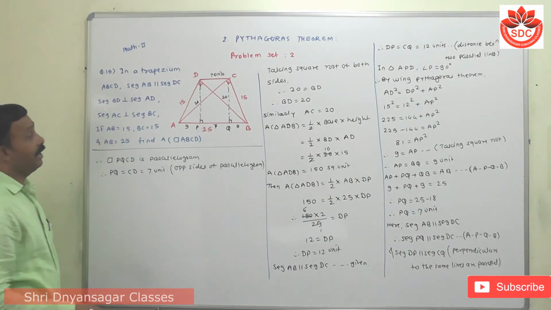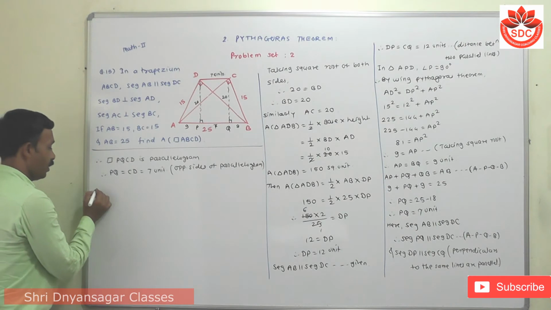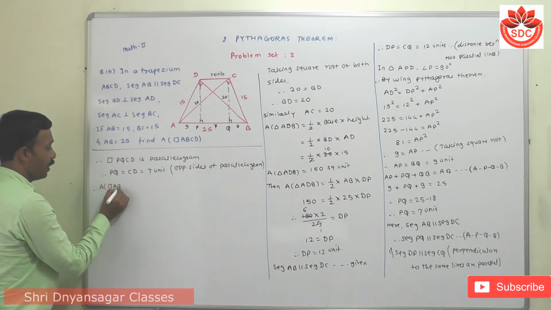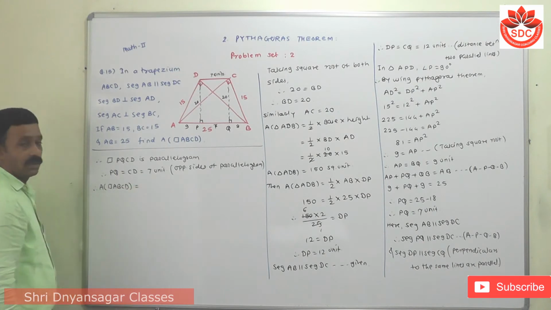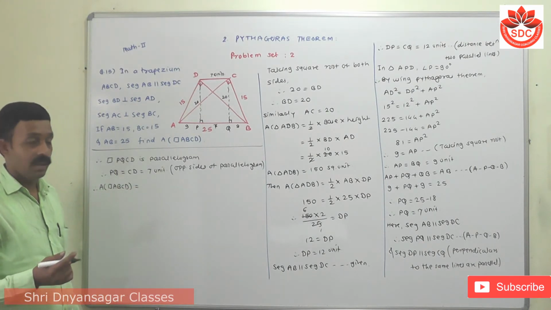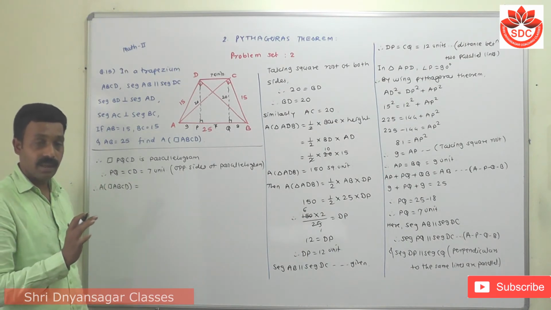Then we have to find here the area of this quadrilateral ABCD. So the area of quadrilateral ABCD is equal to, this is a trapezium. We know the formula for area of trapezium, half into sum of the lengths of its parallel sides into its height.